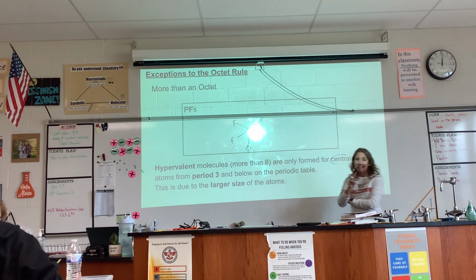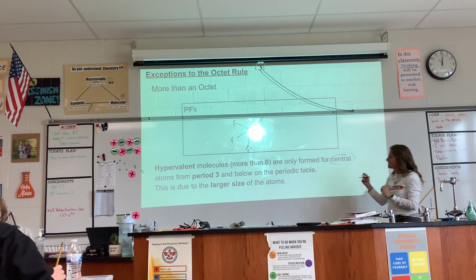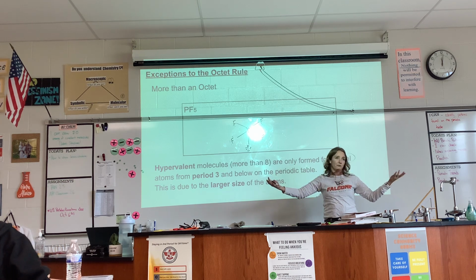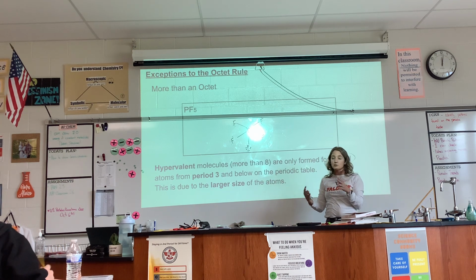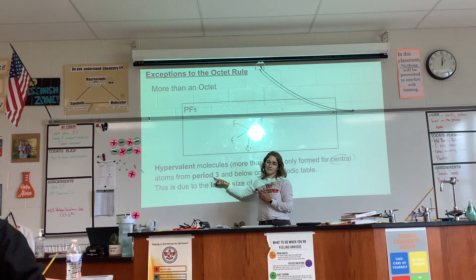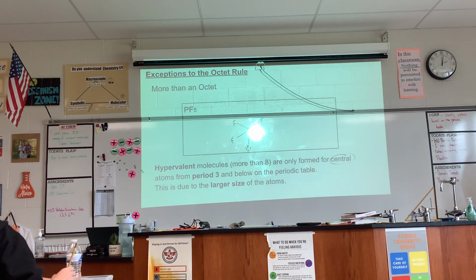The second thing is some elements are too small to go hypervalent, because it depends a lot on the D shell being able to expand and use up the D level. But some atoms are too small and they don't have a D level because they're on period 2 or 1, meaning the row. So if it's on row 2 or row 1, they can never have more than an octet ever.